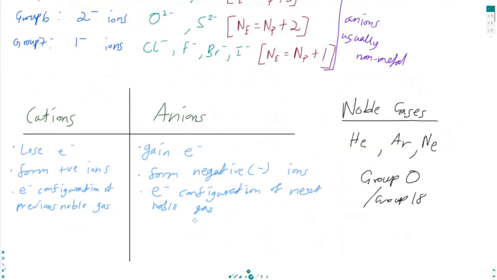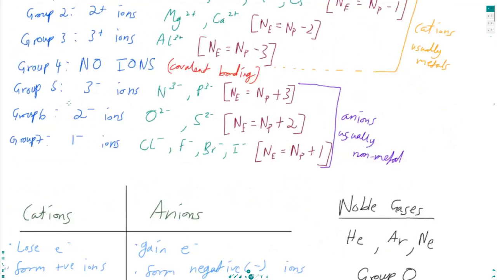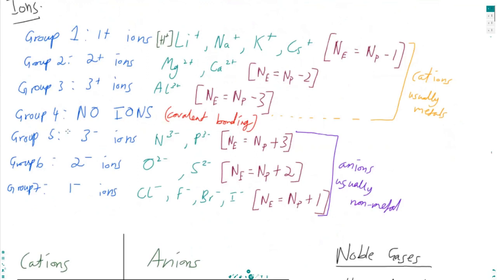Okay, so now we're going to look at the groups. This is interesting. Some of these elements, particularly in group 4, as I said, do not usually form ions, and this also applies to some elements in groups 2 and 3.